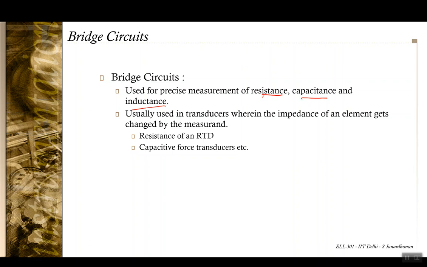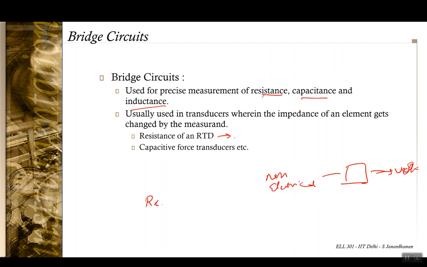So typically we are talking about bridge circuits being used as a sub circuit in a transducer that measures a non-electrical quantity, and the output is an electrical voltage.